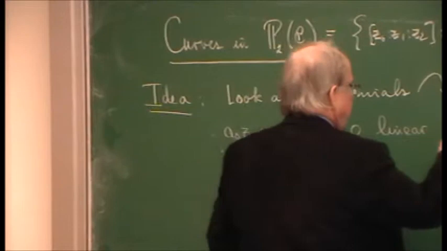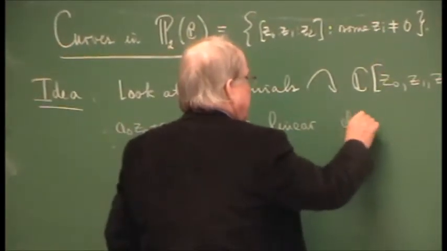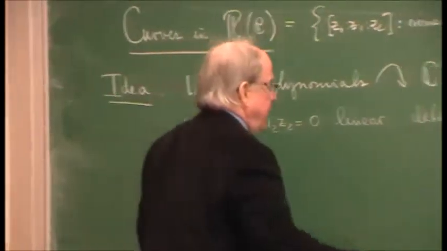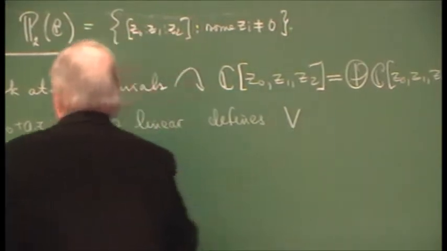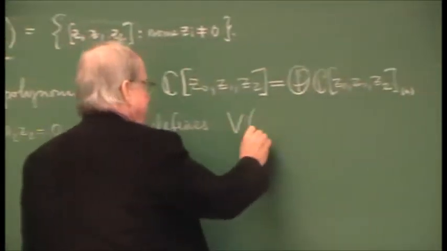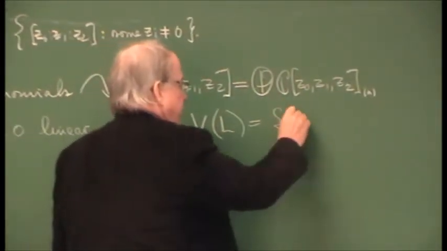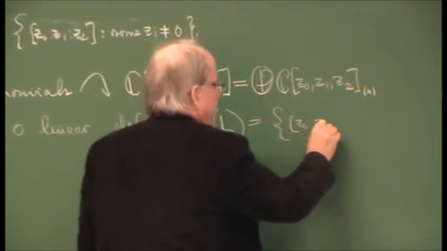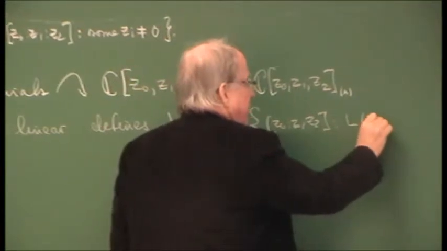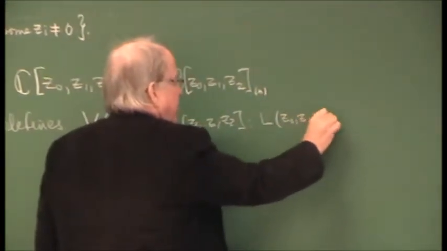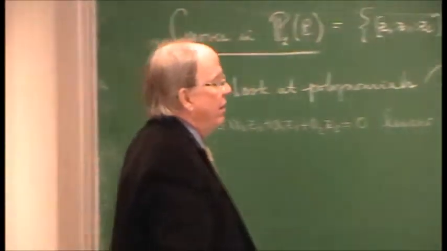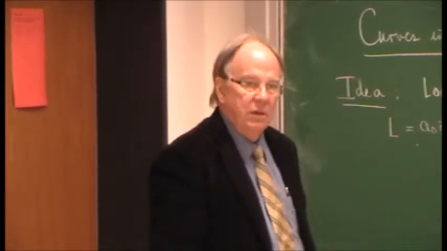So this defines a well-defined set. Let's call this polynomial L. The variety of L is the homogeneous coordinates where L vanishes. And L doesn't care what representative you take; it's well defined, right?